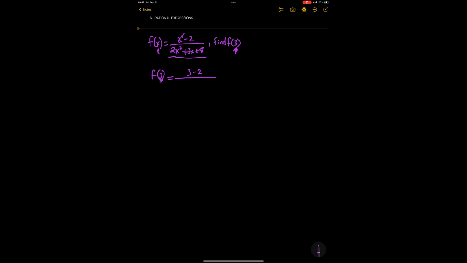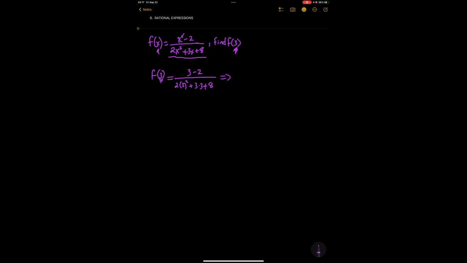Even in the books, that's exactly how they do it. So I don't know if your teacher is gonna be picky about it, but always try to do that if you can remember it. And then I'm gonna have 2 times 3 squared plus 3 times 3 plus 8.